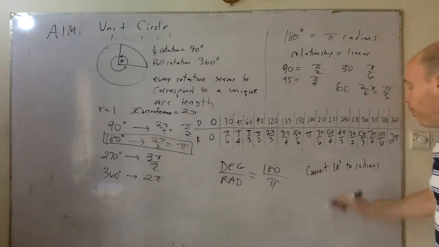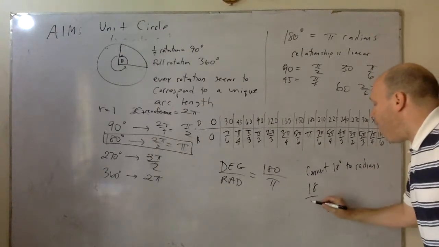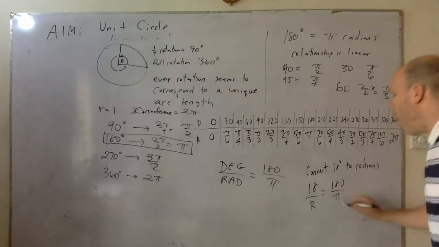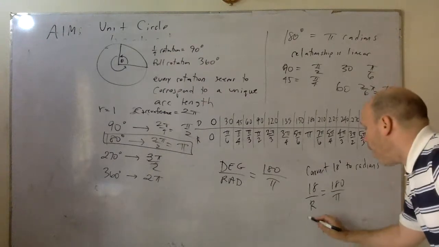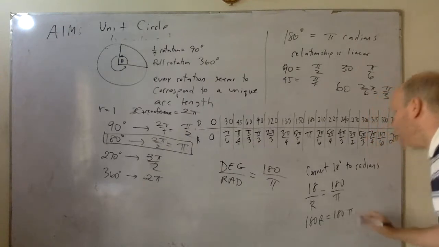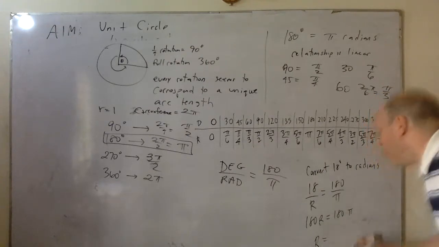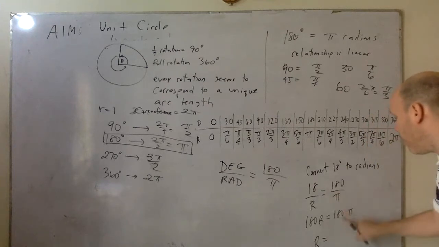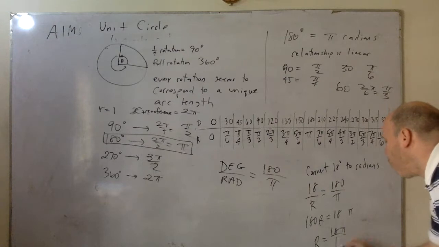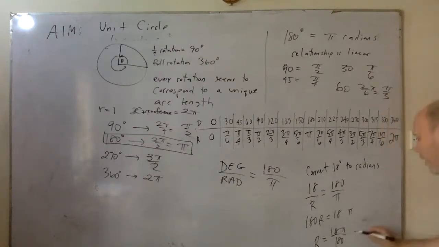So, if we use my method, we say 18 over r is equal to 180 over pi. So, we have 180r equals 18 pi, or r is equal to, I'm sorry, there's a mistake somewhere right here. It's 18 pi over 180, which is equal to pi over 10.